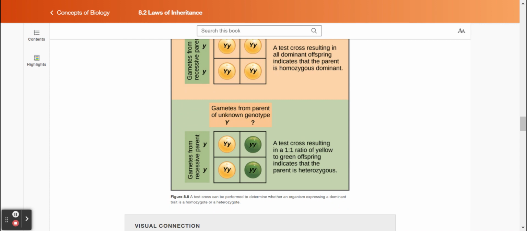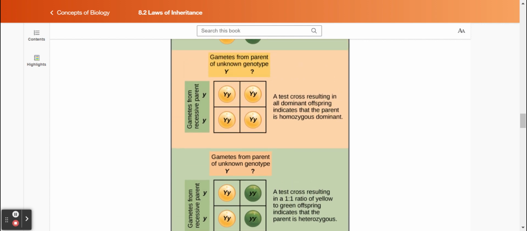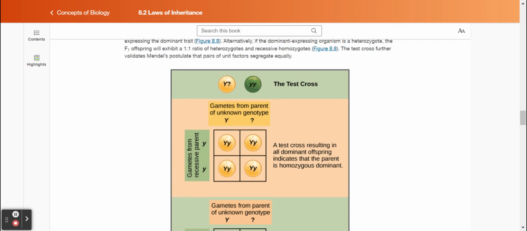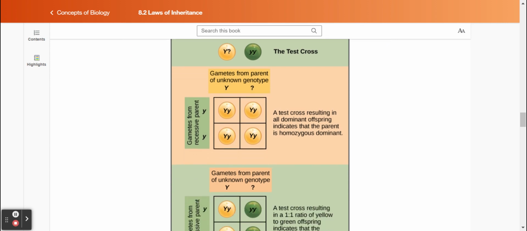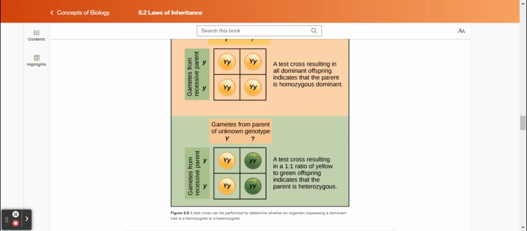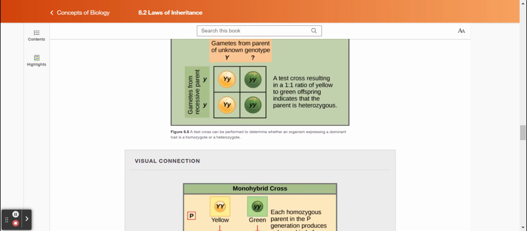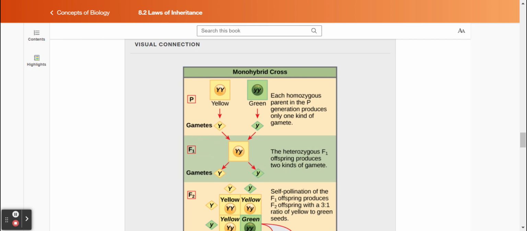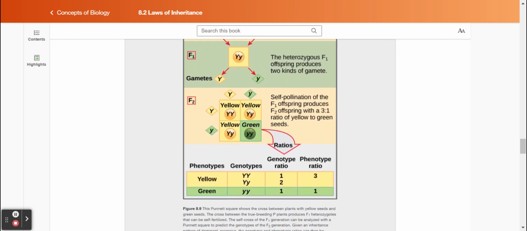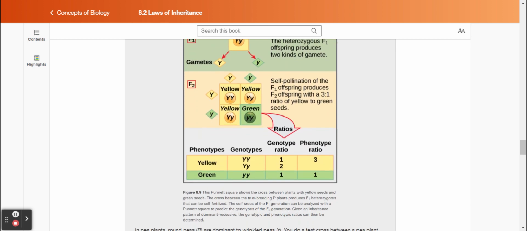Figure 8.8. A test cross can be performed to determine whether an organism expressing a dominant trait is a homozygote or a heterozygote. Figure 8.9.